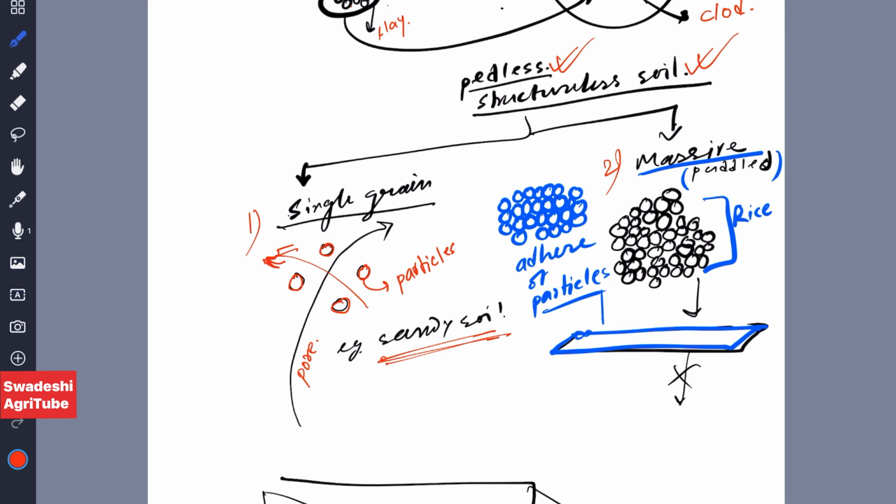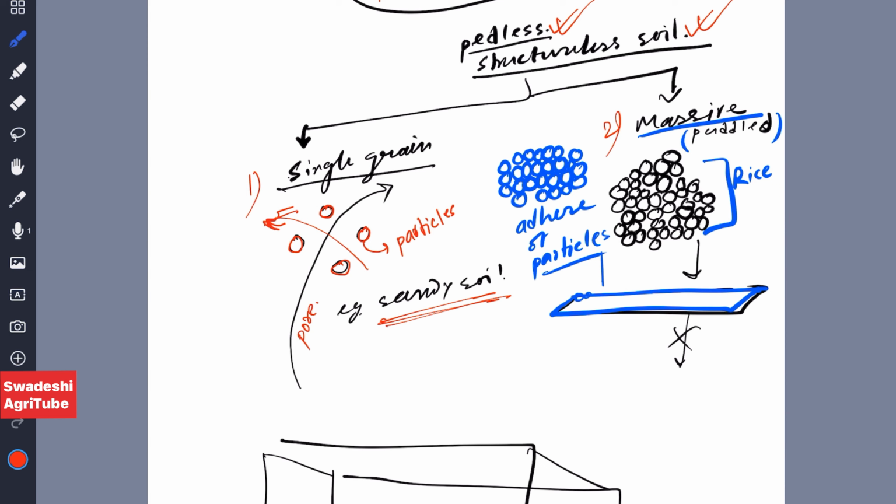Second important one is the massive structureless soil. What is the massive structureless soil? Here you can see the particles are not attached, but in case of massive structure, we can see that there is close adhesion.